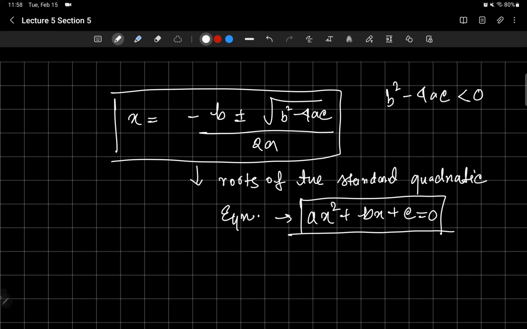So most of the time, when we are dealing with real numbers, we really don't take them into account, because we want our solutions to come from the domain of reals. If I extend that domain to complex numbers, then I can count them in. But if you're restricting yourself to the domain of reals, then you say, oh, this is imaginary, or this is square root over minus something.